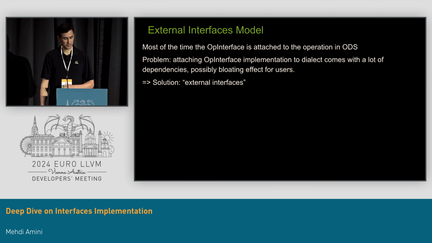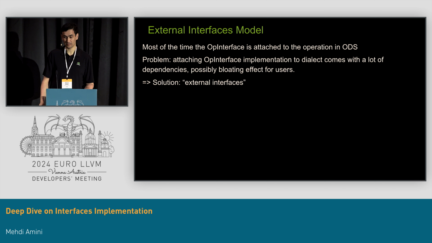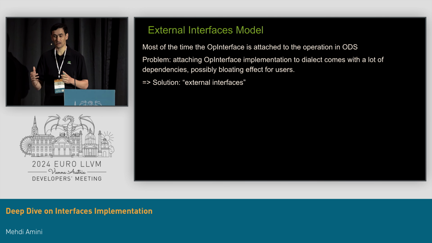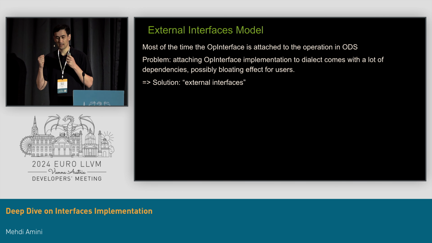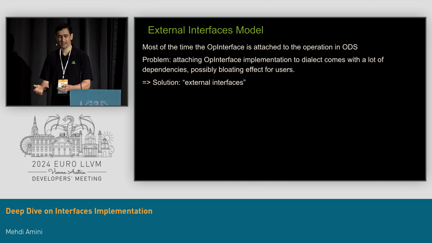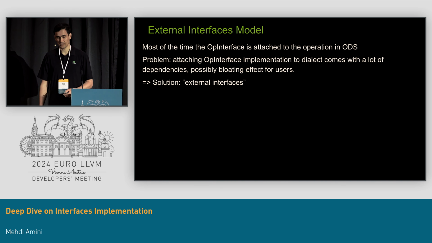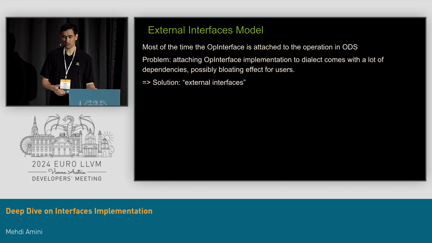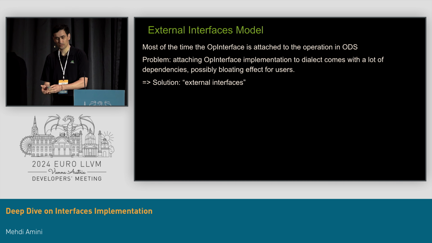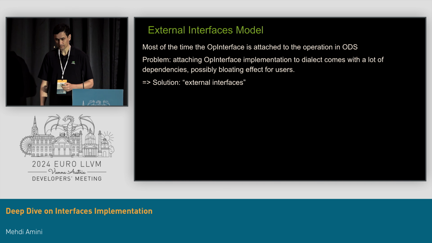All right, the last piece to talk about is the external interface model. Most of the time, you're going to declare in ODS that an OpInterface is attached to your operation. The problem is that when you do that, there is some sort of bloating effect. When I depend on a dialect, I get all the interfaces and all of their dependencies, and that can be pretty big. And the solution was to say we want to decouple adding an interface to an operation.